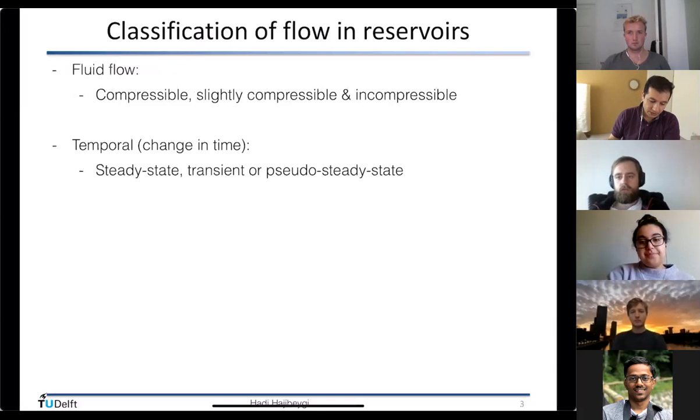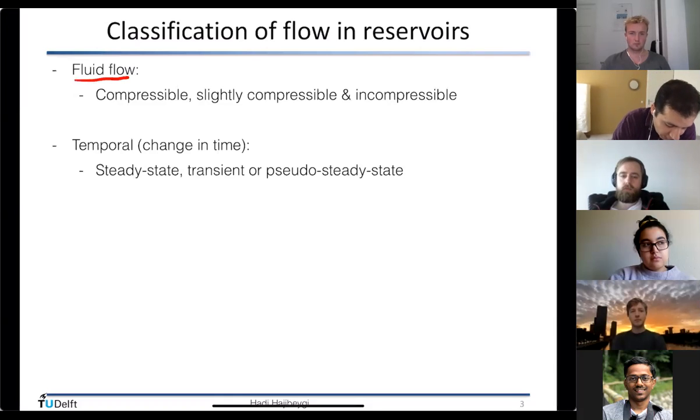Okay. There are different classifications that we need to set before we start with the course. One is that the flow happens in different compressibility ranges from fully compressible, like gas flow, gas reservoirs, hydrogen reservoirs, and so on, all the way to the incompressible.